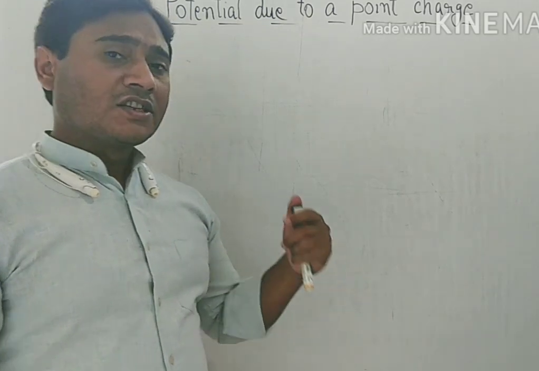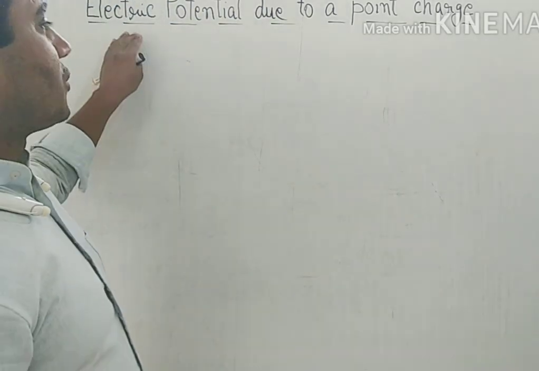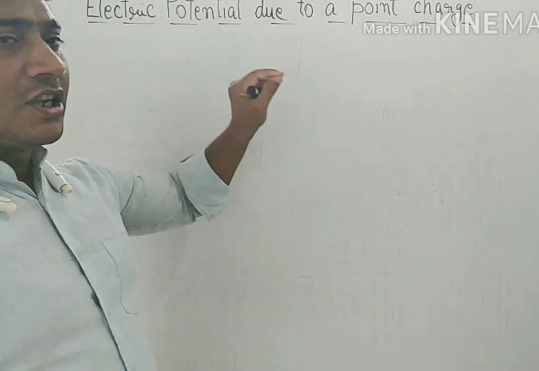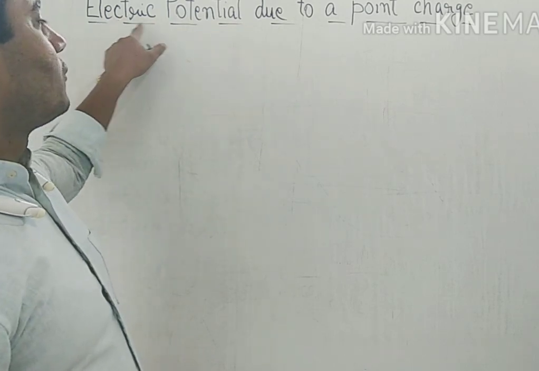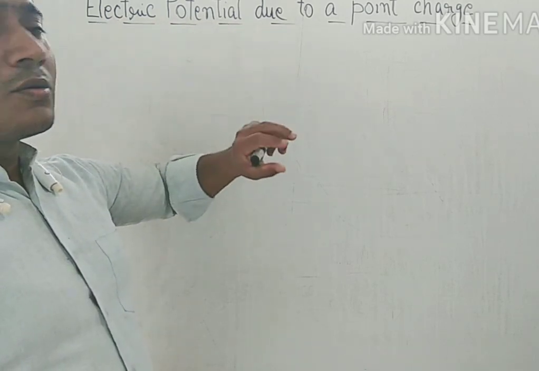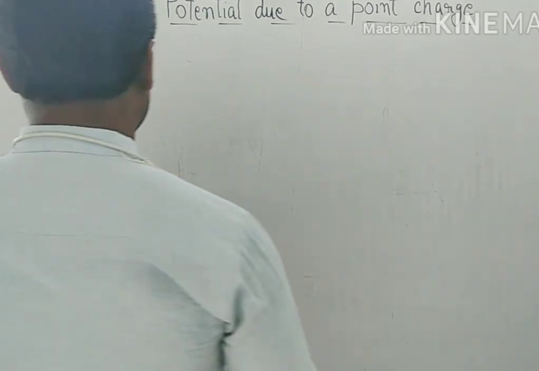So let's use this definition and try to find mathematically the expression for the electric potential due to a point charge. So let's begin.